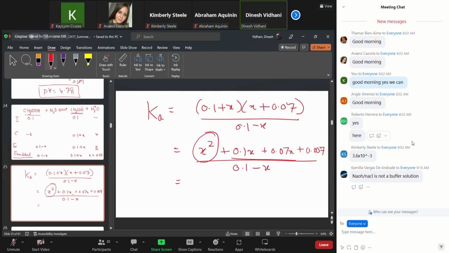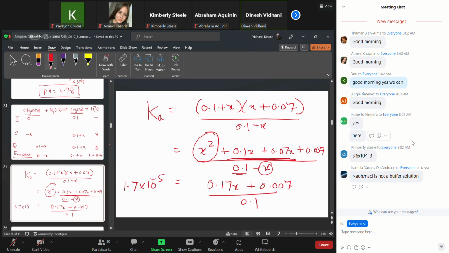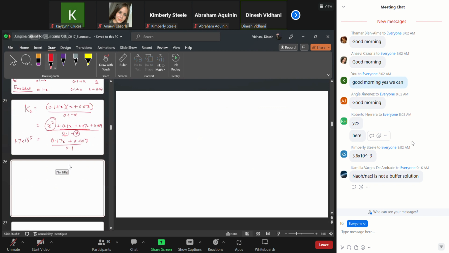And then here, this is 0.17X plus 0.007. And we can ignore X compared to 0.1. I'm going to say 0.1. And Ka in this case is 1.7 times 10 to the power negative 5, right? If I simply expand it, that's going to be 1.7 times 10 to the power negative 5 multiplied by 0.1. That's going to be equal to 0.17X plus 0.007.